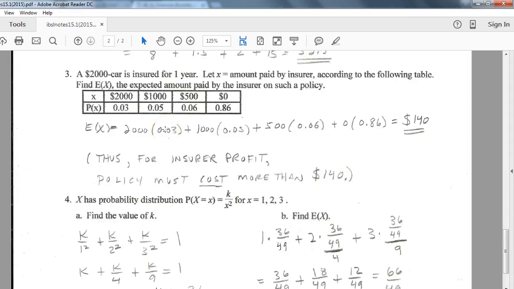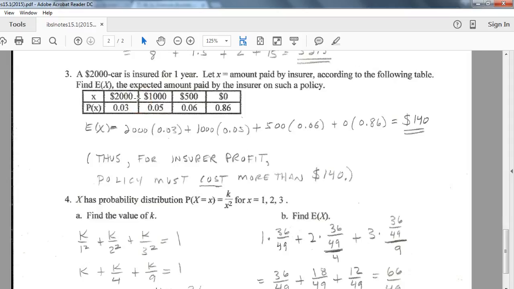So for the $2,000, the probability of payment on something like this is 3%. They might have to pay 5% based on that number, 6% based on that number, and 86% they might not have to pay out anything. In most cases, people don't use their insurance at all for something like this.